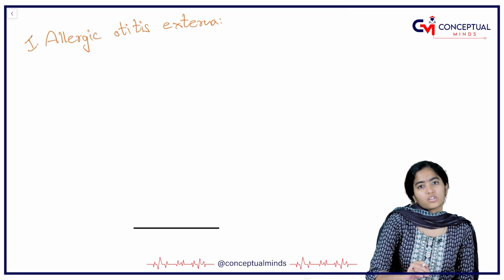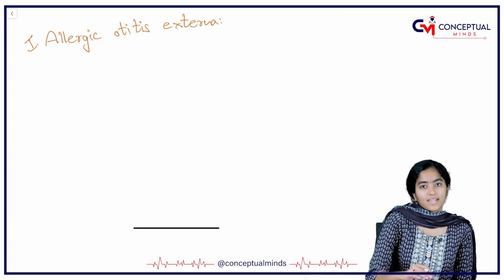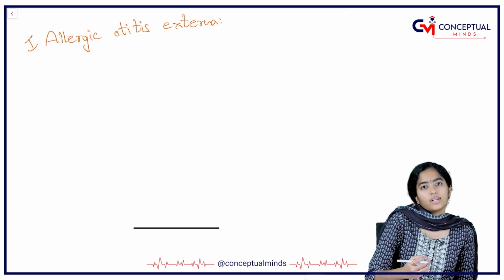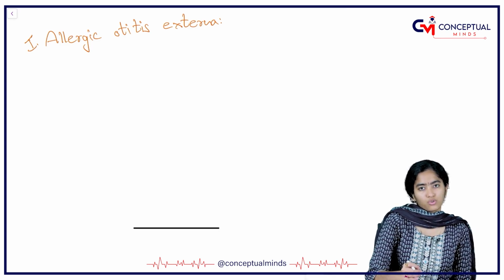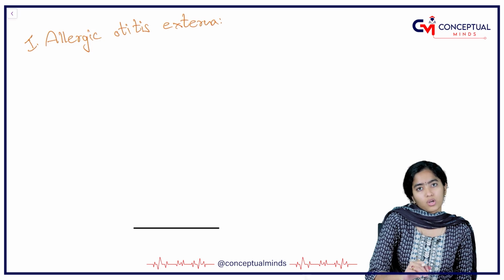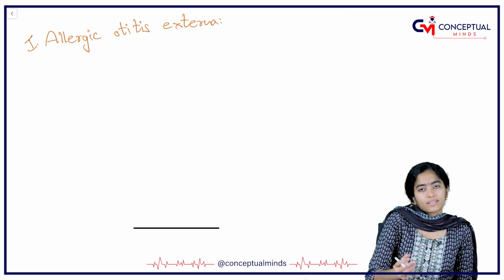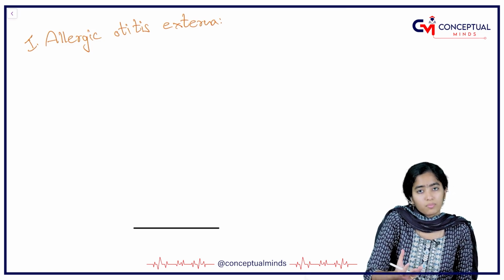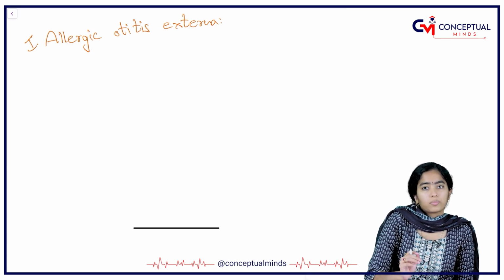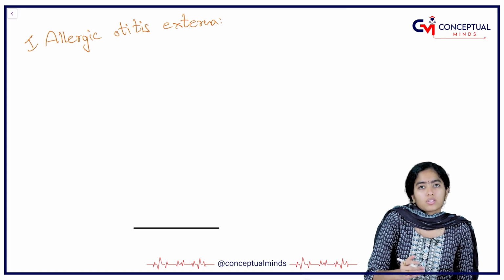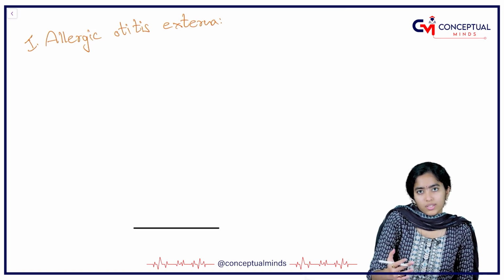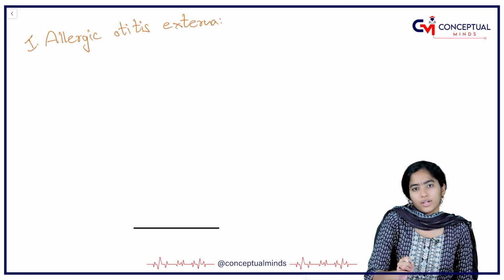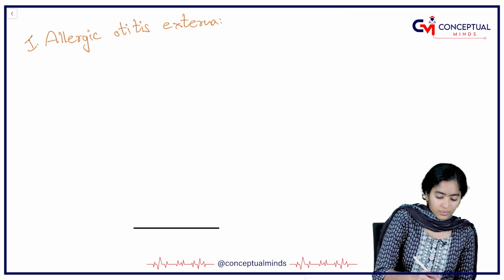So what is allergic otitis externa? Sometimes edema and purulent discharge is seen in the external auditory canal, and that occurs because of some allergy towards the topical antibiotic or steroid or antifungal drops that we have used, or because of any ointment. So it is an allergic reaction towards all these things and not exactly an infective etiology. So what do we see here?